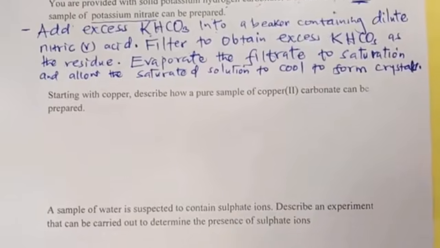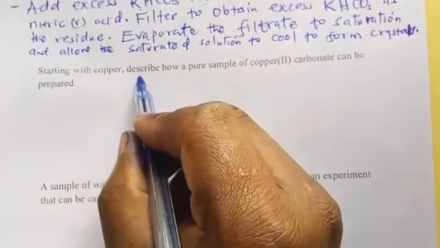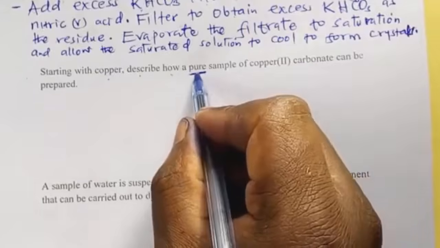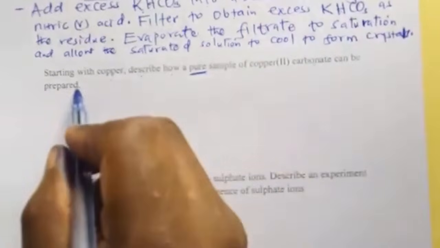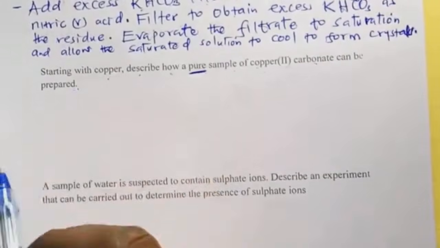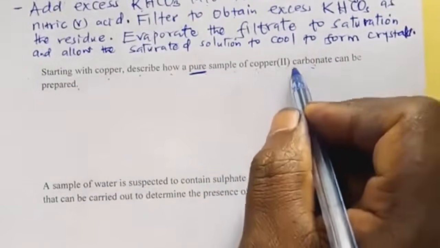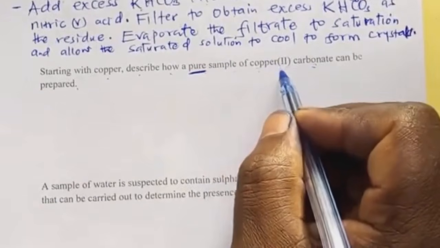Next one, starting with copper, describe how a pure sample of copper 2 carbonate can be prepared. Question one, you ask yourself, is copper 2 carbonate, the salt that you are supposed to prepare, soluble or insoluble?